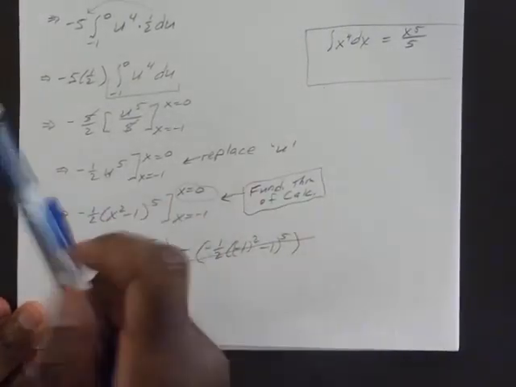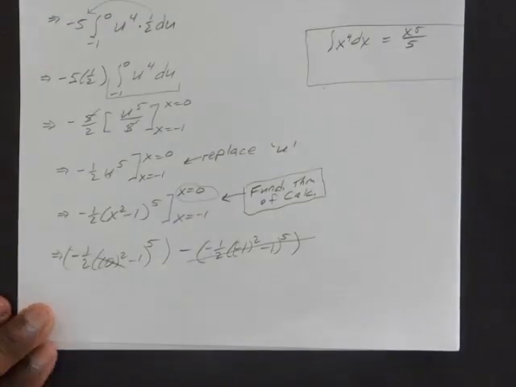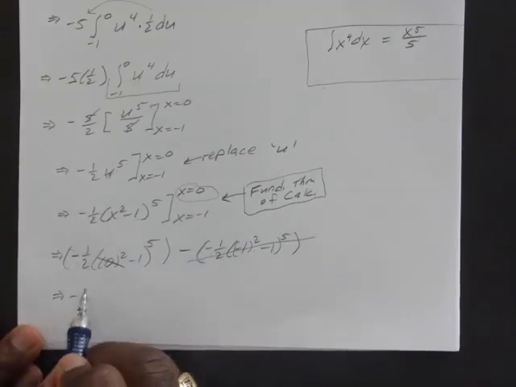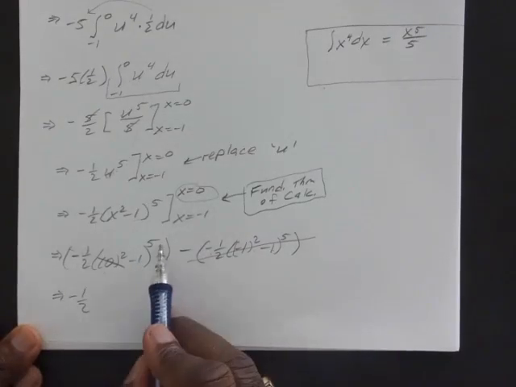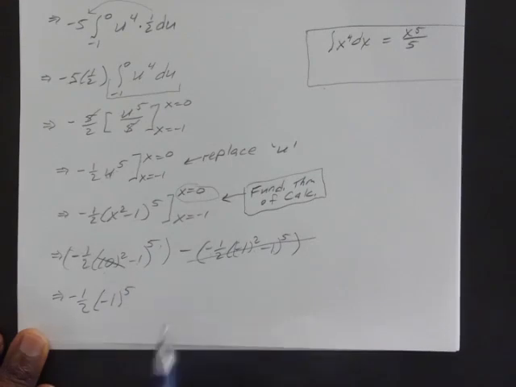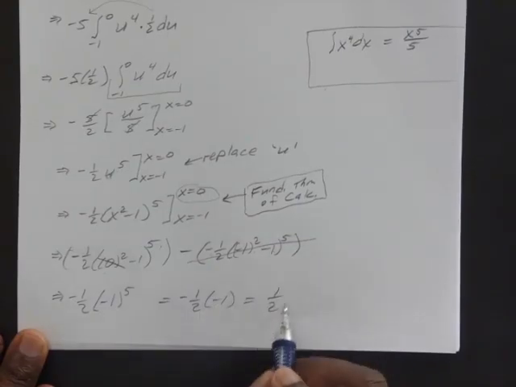Just that particular term. Okay, so that leaves us with -1/2 times -1 to the 5th power, which is -1. So I'll just write -1 to the 5th power, which gives us -1/2 times -1, which is +1/2.